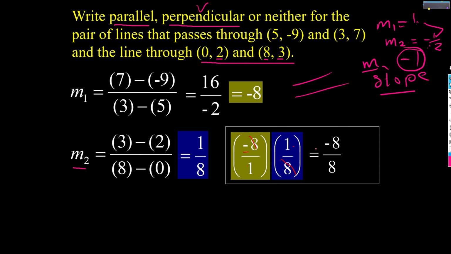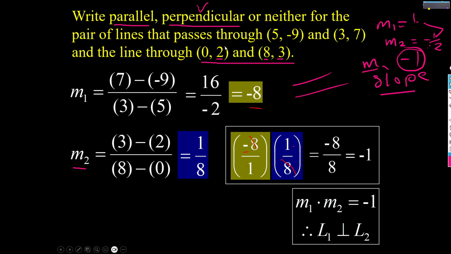Let's multiply the entire 1 over 8 by -8. We get -8 over 8, which is equal to -1. So with this explanation, the lines with gradients m1 and m2 are perpendicular to each other instead of parallel.